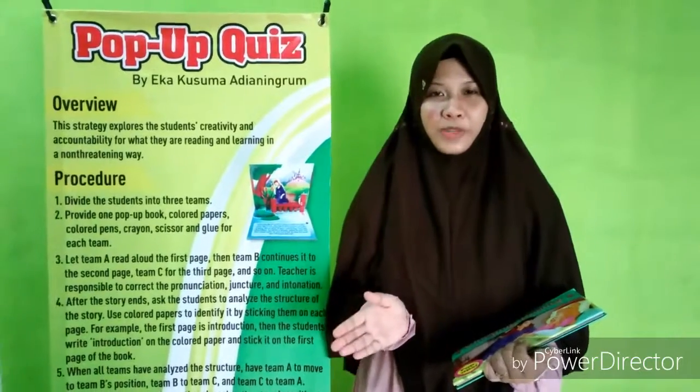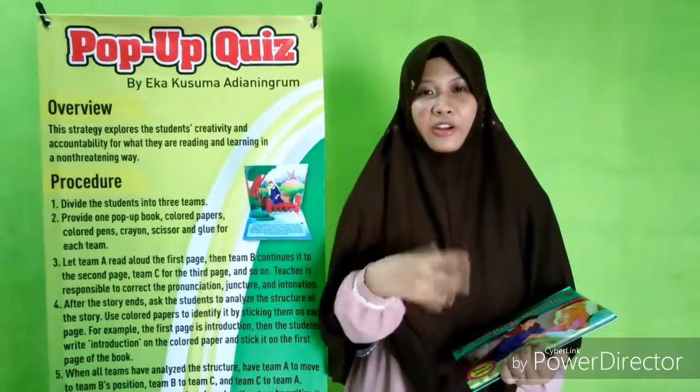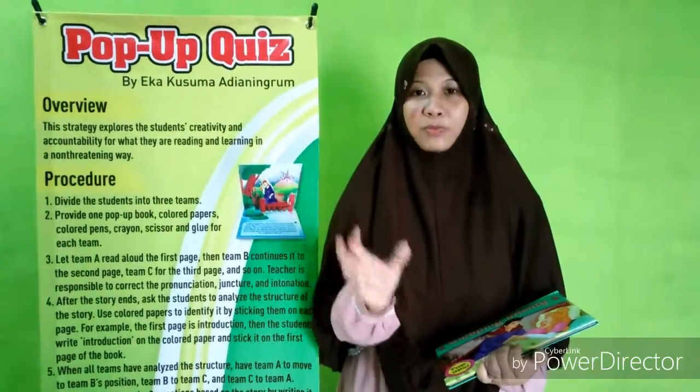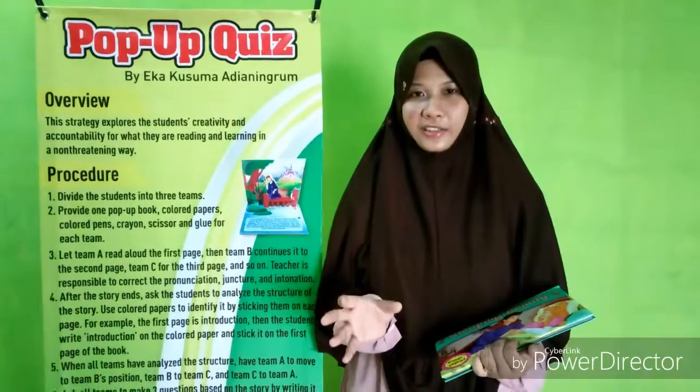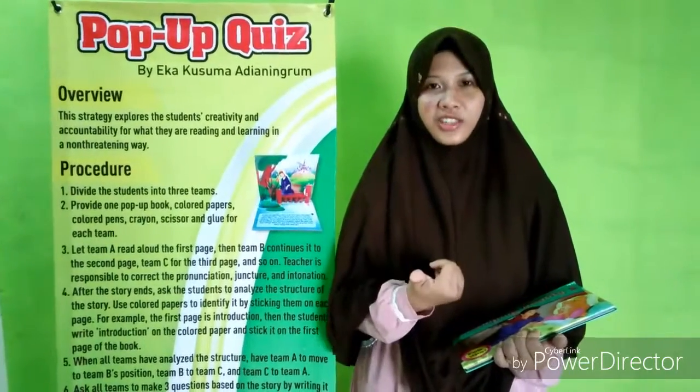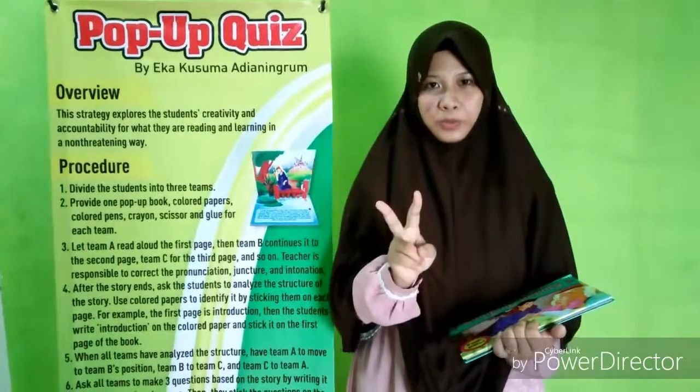For the last movement, they will be back in their own position and discuss the answers to the pop-up quiz questions. So each team has 6 different questions from 2 groups.